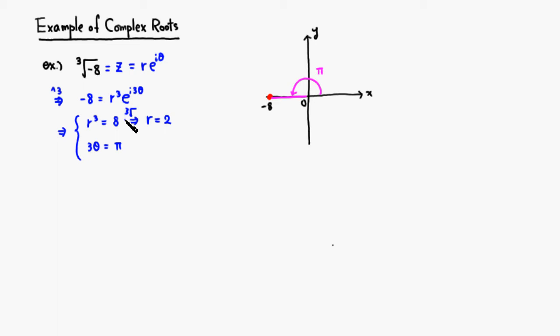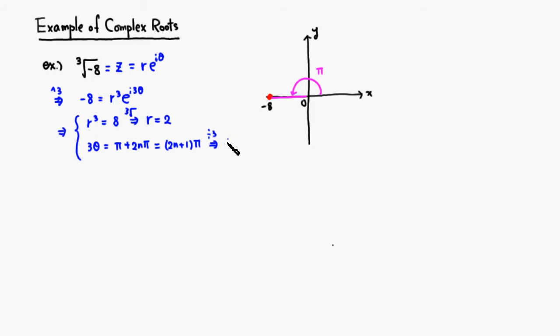But you can have any multiple of 2 pi, so plus 2n pi. Then we can write this as 2n plus 1 times pi.